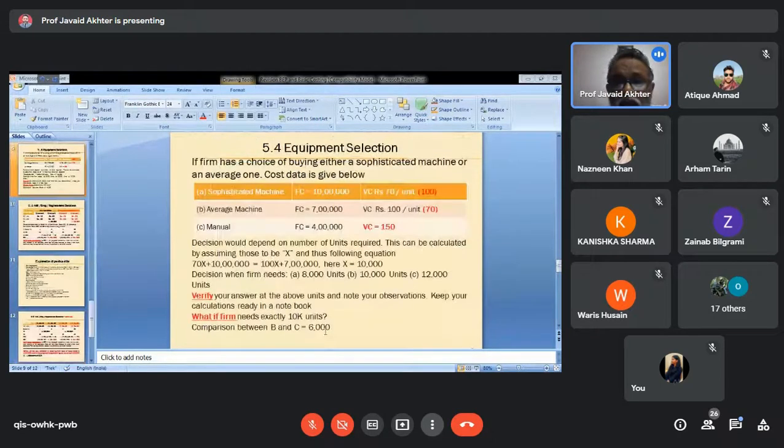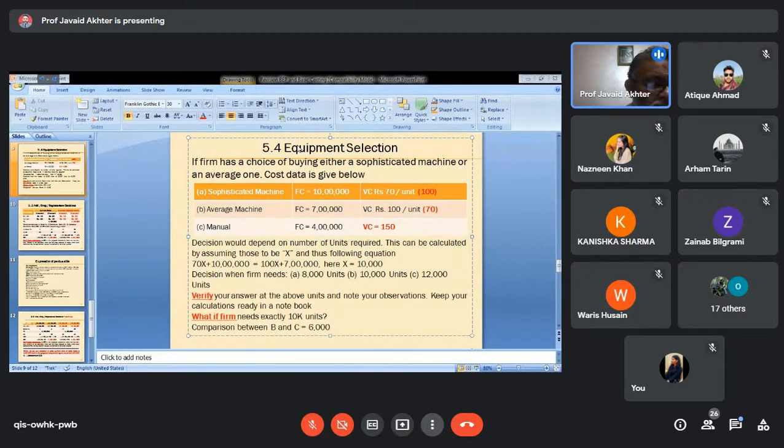Now we discussed another important advantage or managerial use of break-even analysis, that is equipment selection. You may have 2 types of equipment, 3 types, 4 types of equipment, and you need to take a call on which one you should buy. Take an example from the time period when there was a huge difference between petrol and diesel prices.